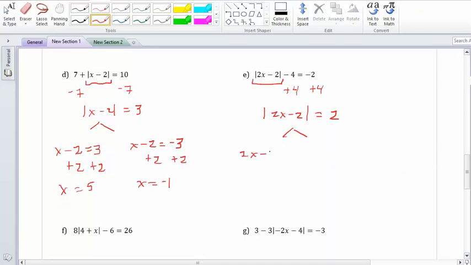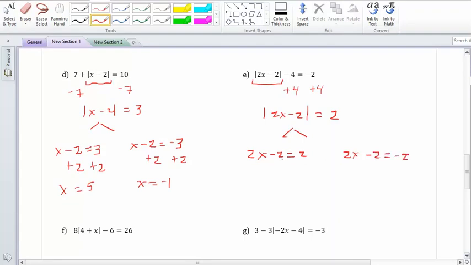So we're going to go 2x minus 2 equals positive 2. Let me rewrite that so it's a little better. There we go. 2x minus 2 equals 2. 2x minus 2 equals negative 2, and solve.